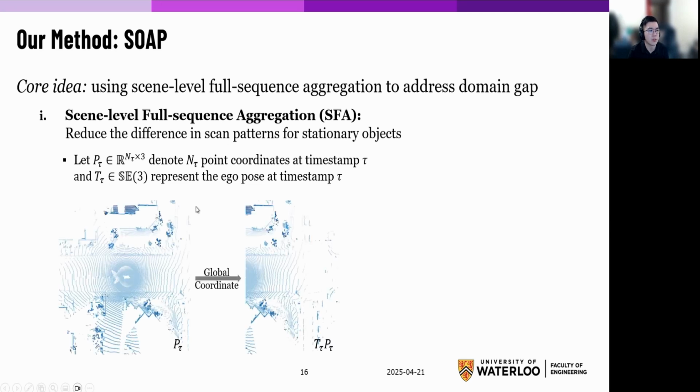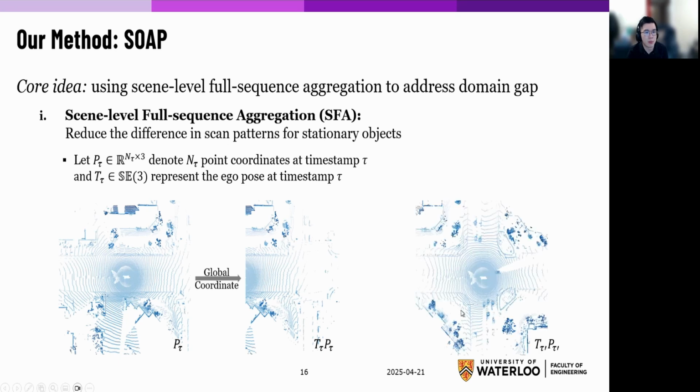So given that information, we can perform a transformation from each point cloud's local coordinate to a global coordinate by just applying this ego pose transformation. And we can apply that to another point cloud, let's say tau prime. And what this transformation will do is, for static features, such as the corner of this building, in the global frame, they will be aligned to each other.